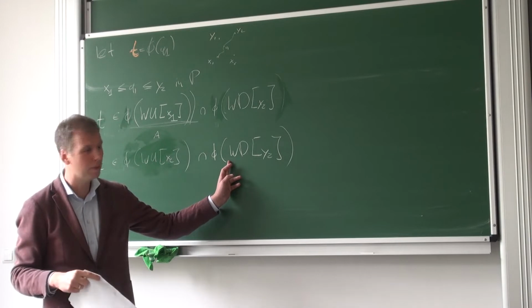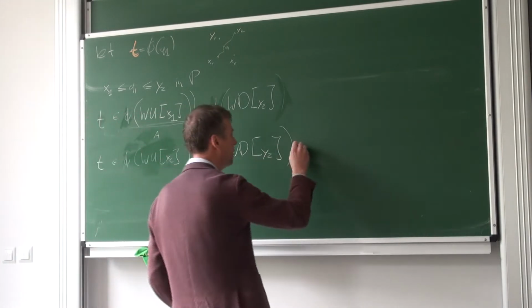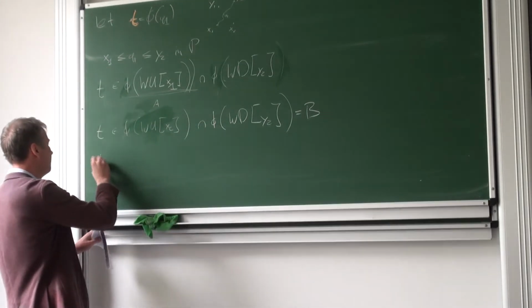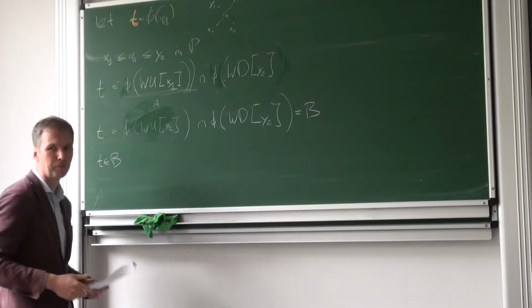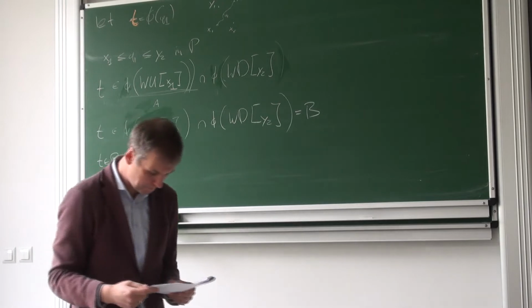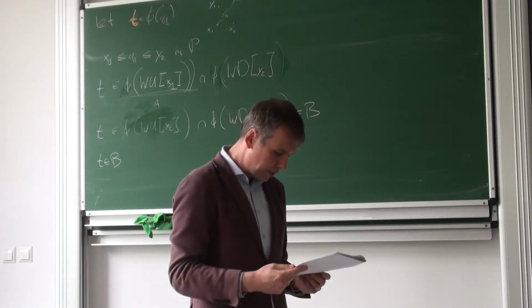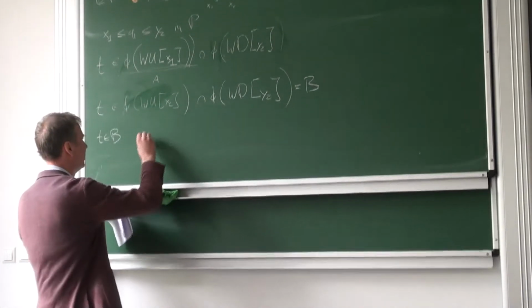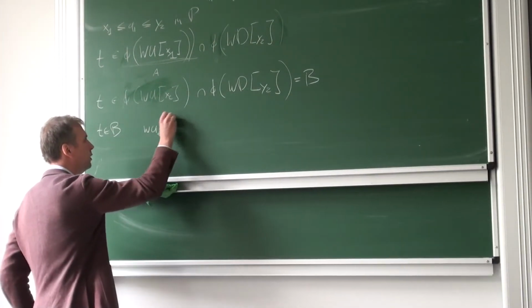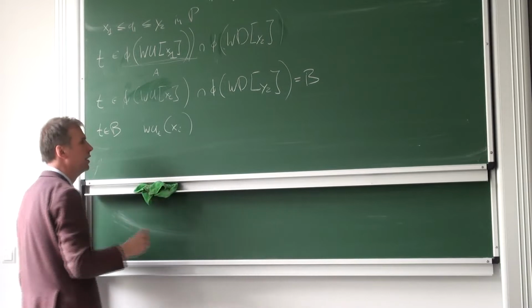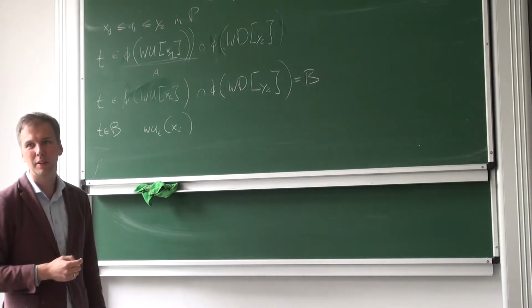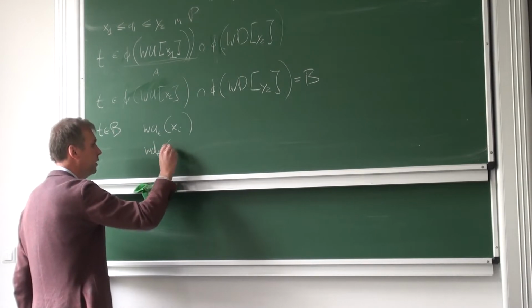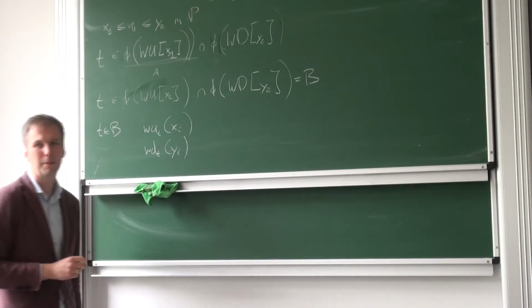This is B. Okay, so we know that T is in B. So in particular, these elements WUT for any xi exist, and WDT for any yi exist.